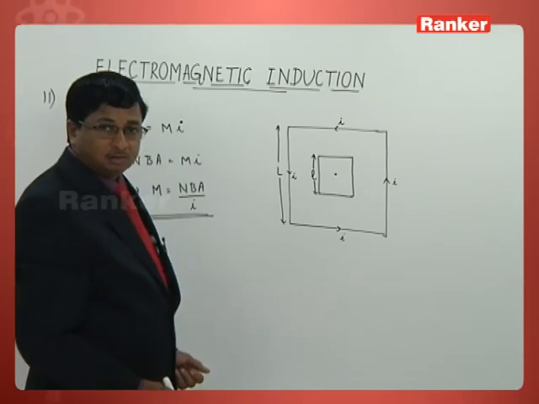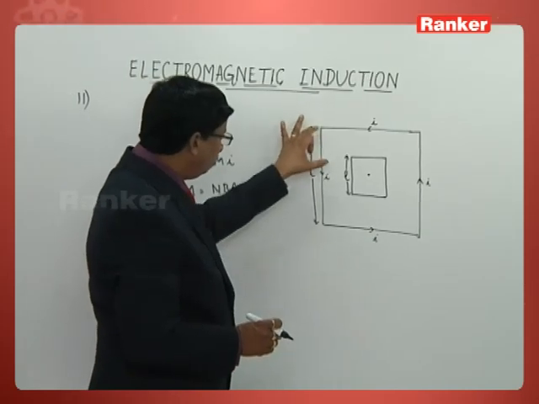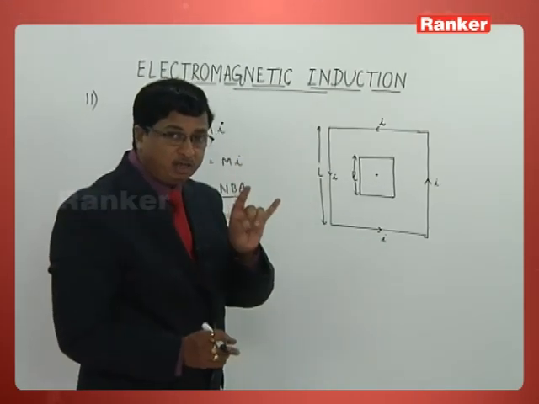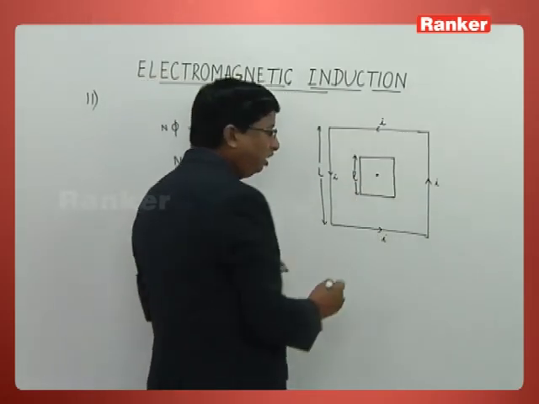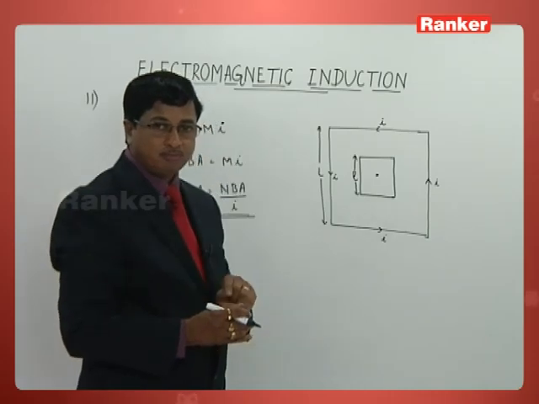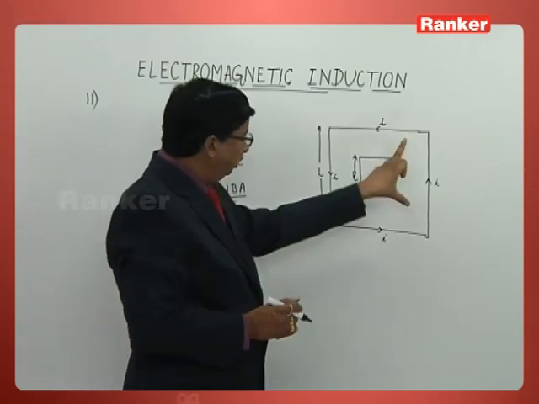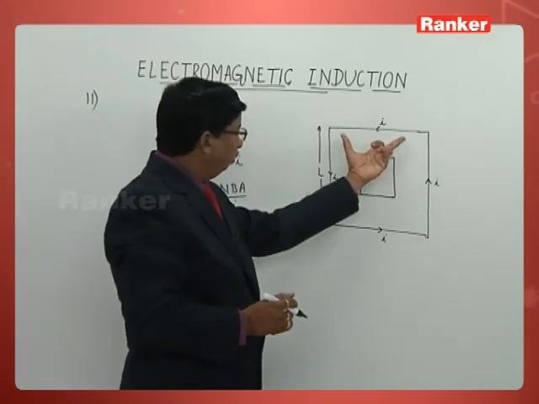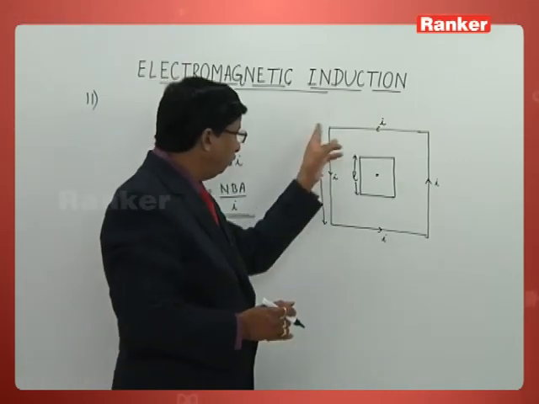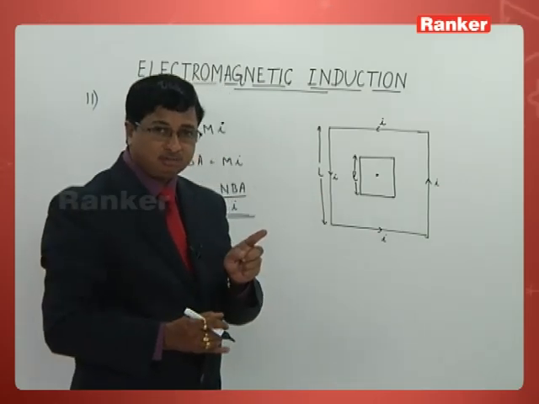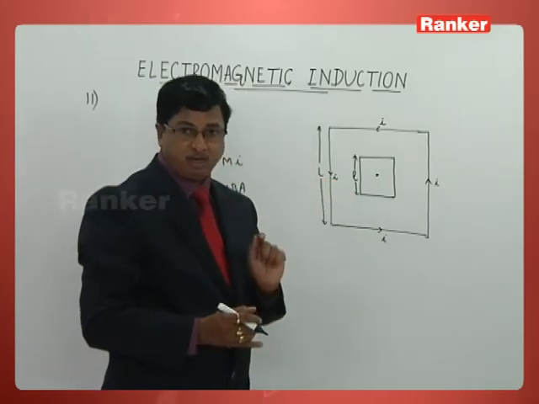So what should we understand? We should take it for granted that the magnetic field due to one side, if I call it B, the effective magnetic field at the center now becomes 4B. Because this is B, due to this one it is B, due to this one it is B, due to this one also it is B. You should understand all four have the same direction, outside the plane of the board, perpendicular to the plane.